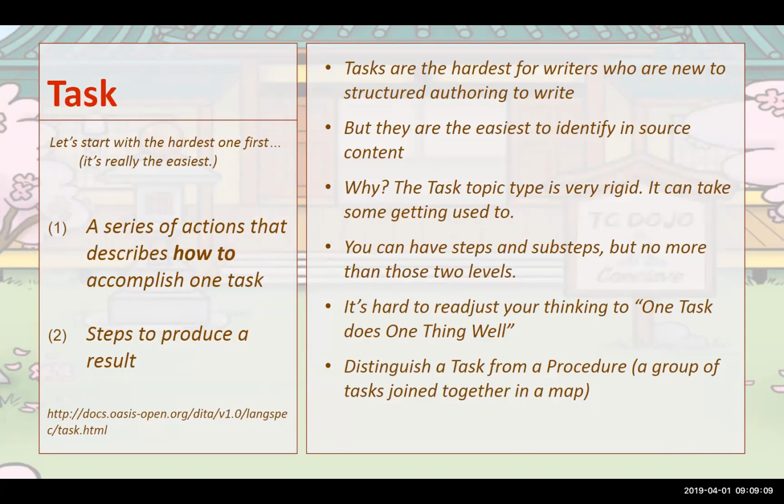So if you've got a big task that has bunches of sub-steps at multiple levels, then this is going to take a rewrite and a way of rethinking what you have, right? So it can be the hardest to write because it is super rigid, and it can take some getting used to and how to rethink your task to separate the steps and sub-steps from thinking of them as one task to a set of tasks in a greater procedure, right?